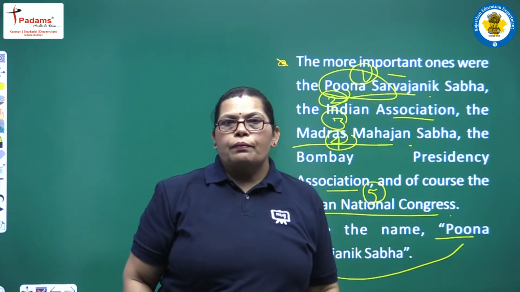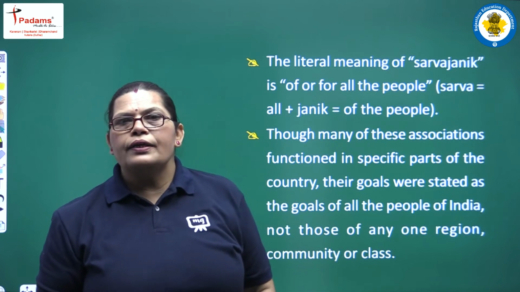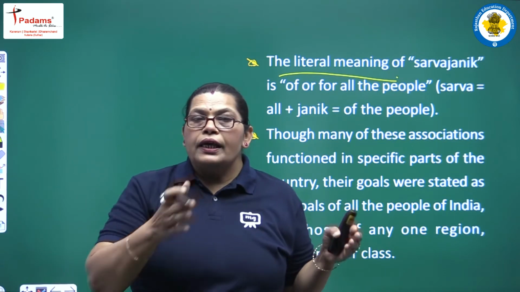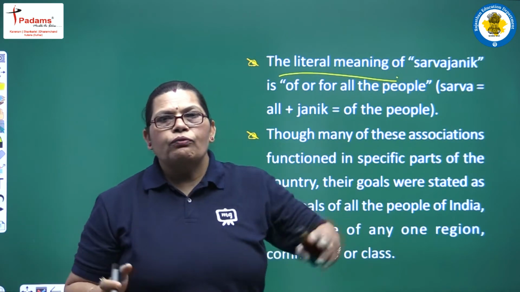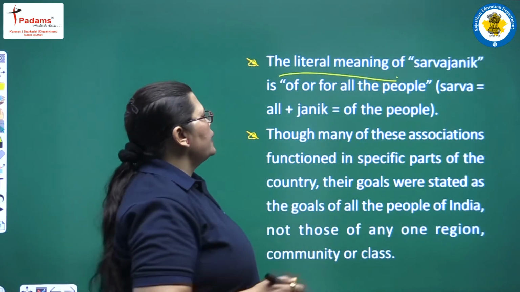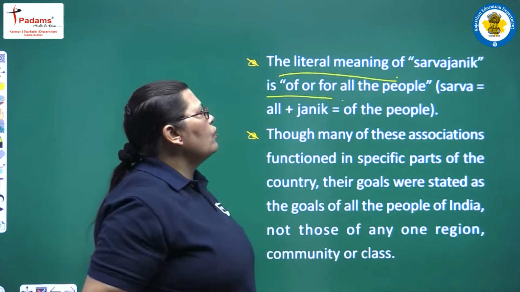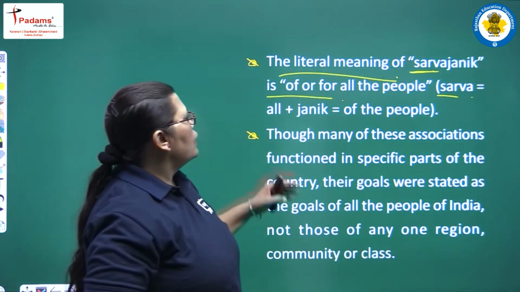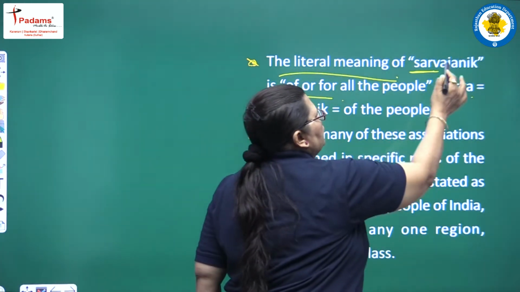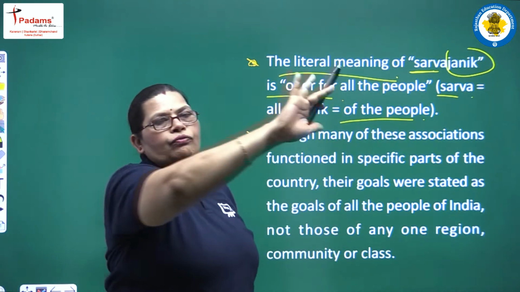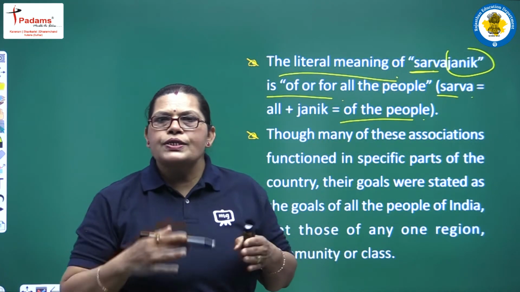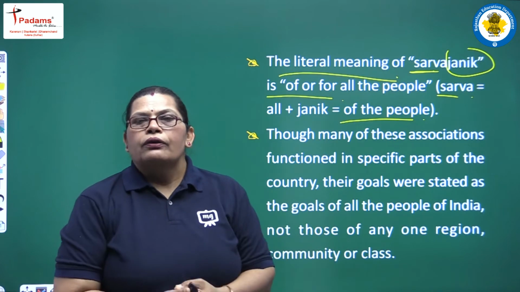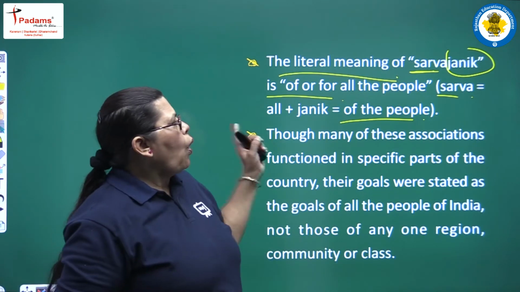See here, note the name Pune Sarvajanik Sabha. We are specially discussing the first name, Pune Sarvajanik Sabha, students. When we are saying Pune Sarvajanik Sabha, then what is the literal meaning of Sarvajanik? See here, it is of or for all the people. Sarva means all, and janik means of the people, all of the people, not of any caste, not of any religion, not of any tribal or countryside, or we will say rural or urban people, all the people.